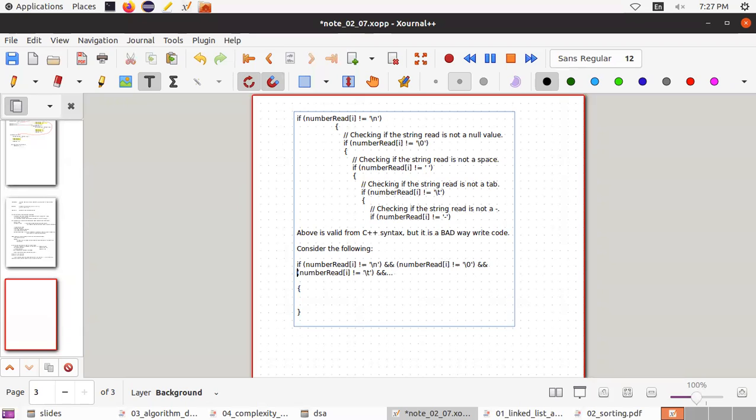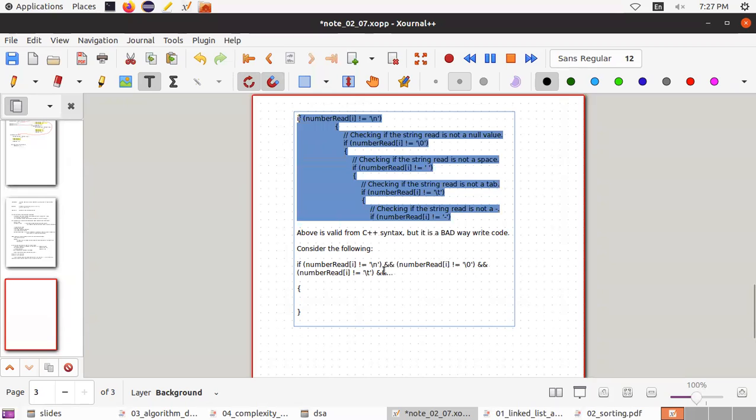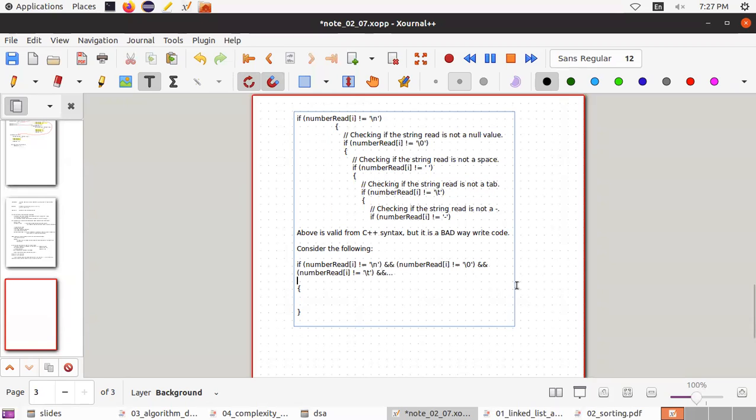Most of the students, at least the majority of the students, had something like this. I mean, that's a bit ridiculous. It is valid C++ code. I'm not saying that the code will not compile. It will compile, but you don't write code like this.